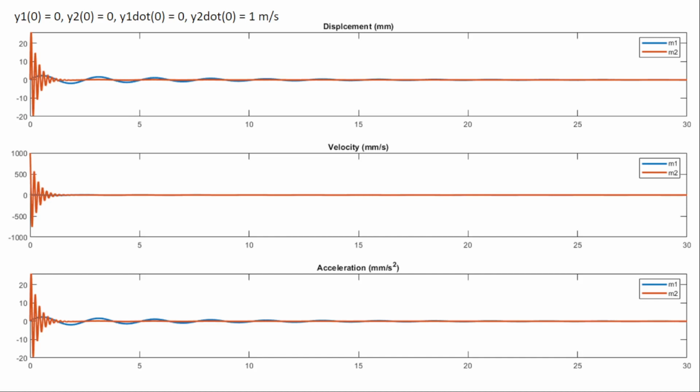It will undergo oscillations of much lower amplitude, but it will take a long time for the oscillations to settle down, about 20 to 30 seconds. So we see how the response depends on the inertia. The car body has a higher inertia, so the amplitude of oscillations felt will be lesser, whereas the tire mass is much lesser, so it will undergo rapid oscillation, but it will quickly settle down to its equilibrium position. That's how we see the response of the system.